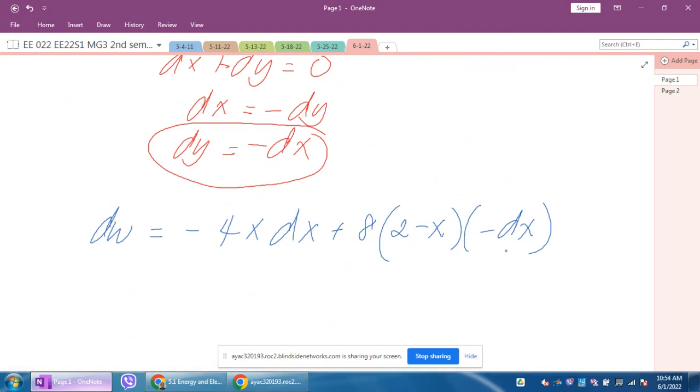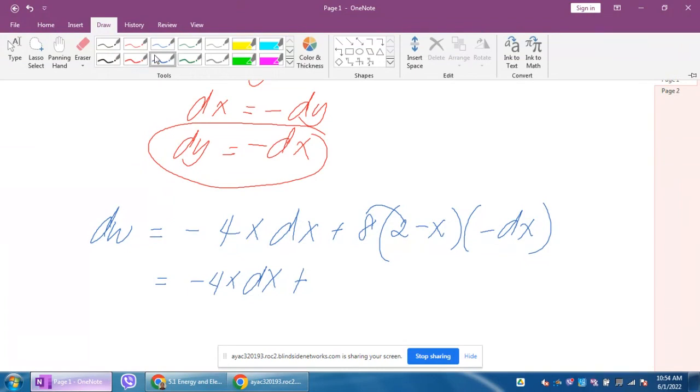So next thing that we need to do now is to simplify na lang po. So you have negative 4x dx. So this becomes positive. I'm sorry. Is it positive or negative? So negative. Distribute ko po ito dito. Tapos negative dx.